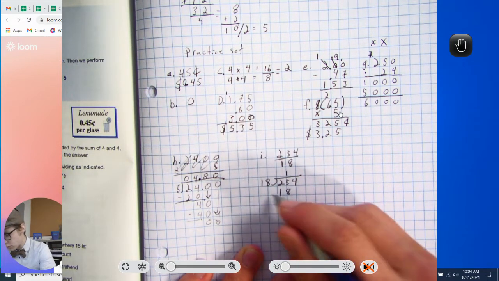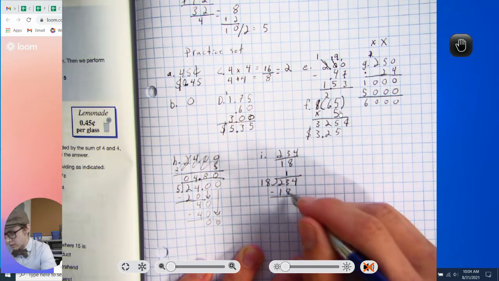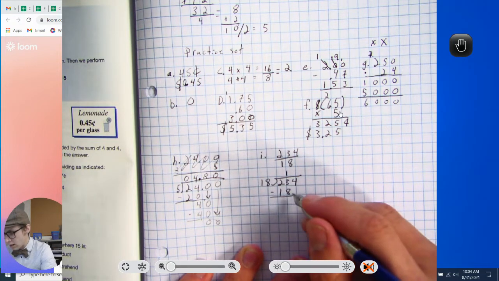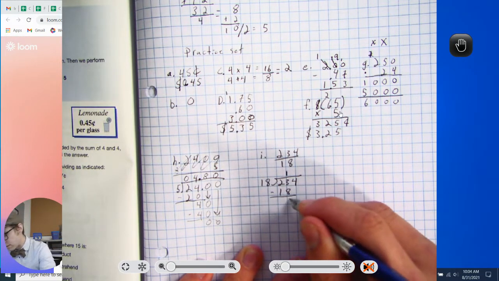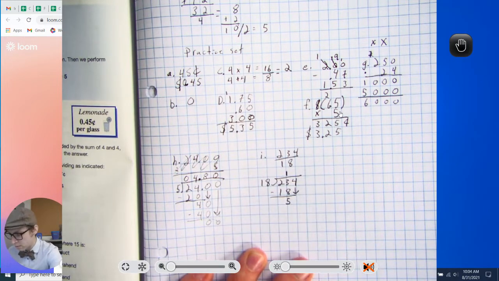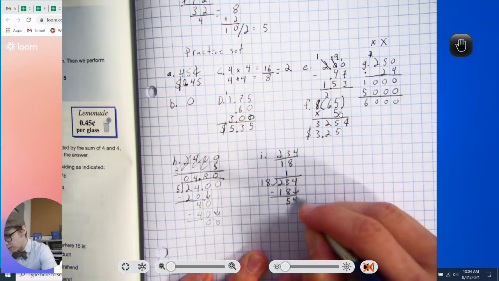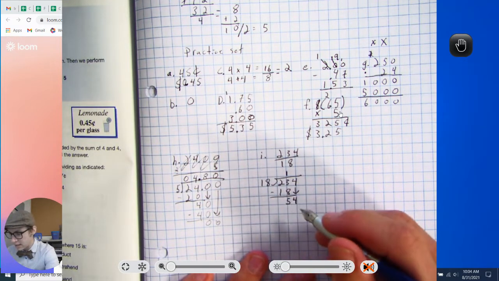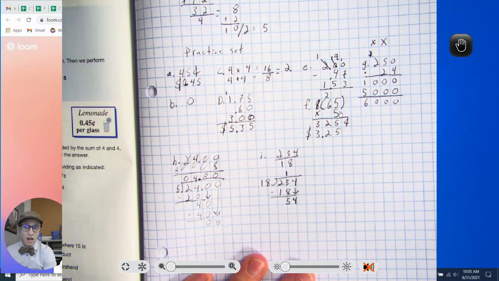Subtract 18 from 23, and it's going to be 5. 4 comes down, giving me 54. Now, how many times does 18 go into 54? I don't know off the top of my head.